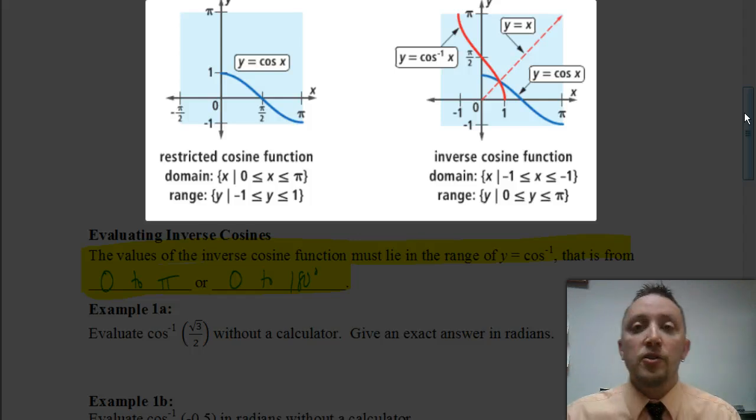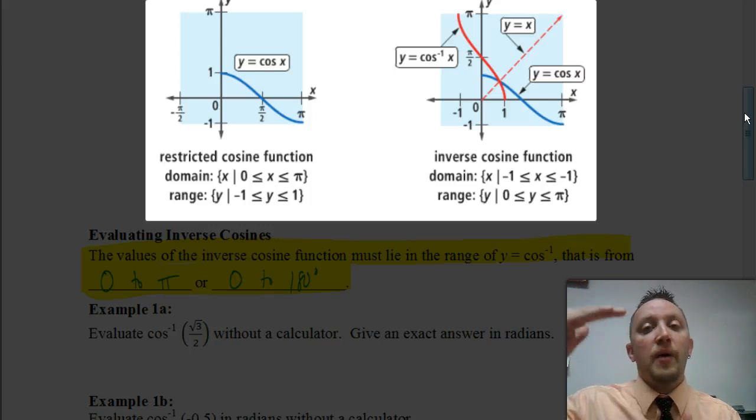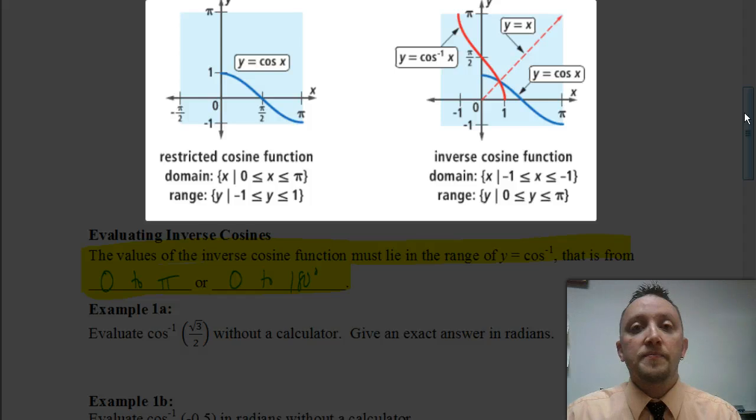So as you look at the y-axis, you can see that the y-axis is also in radians, and it's going from 0 to pi, and that's where the range is ending there. And remember that the range for our original function would be from -1 to 1. But that range for our original function is now going to be the domain for the inverse.